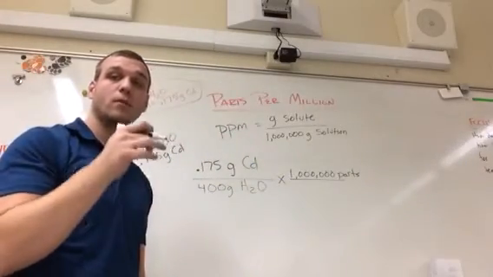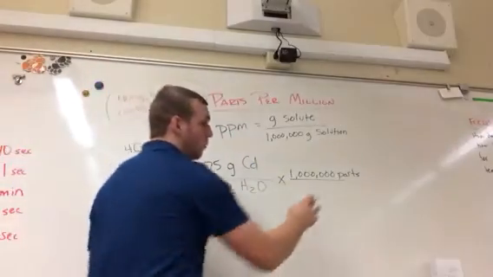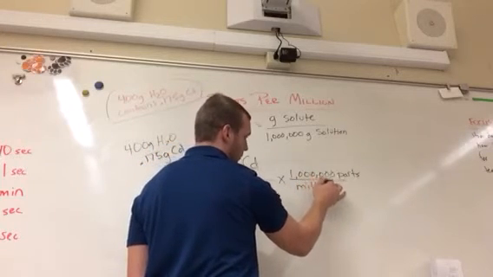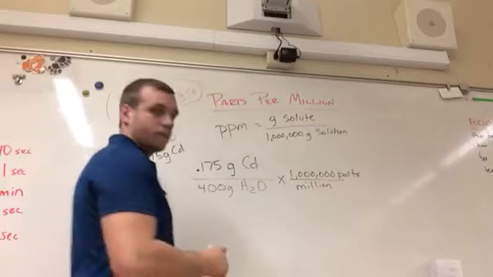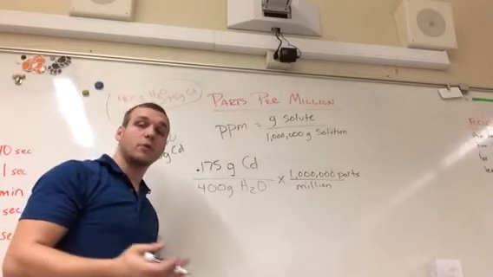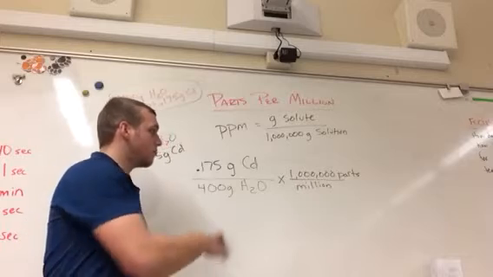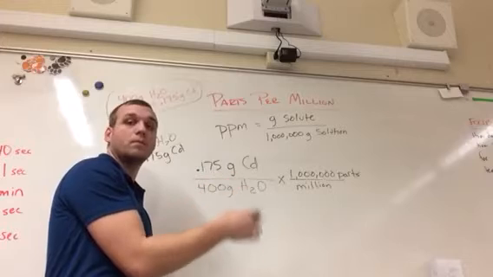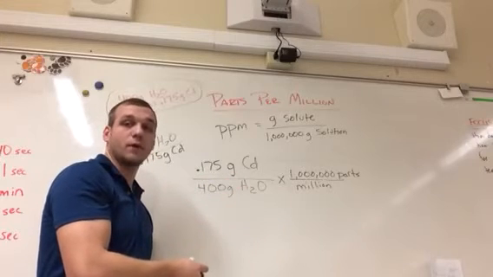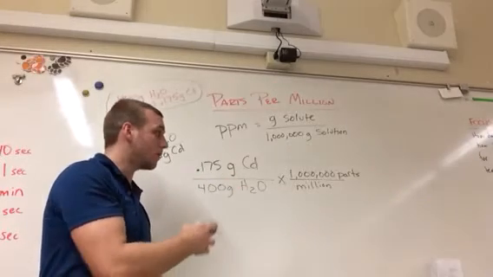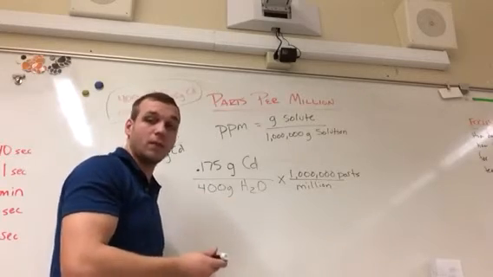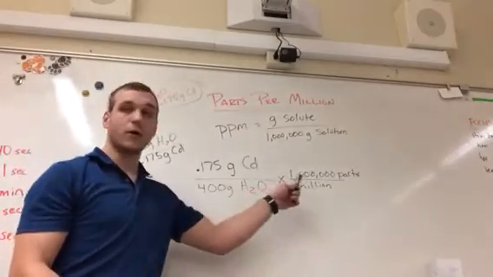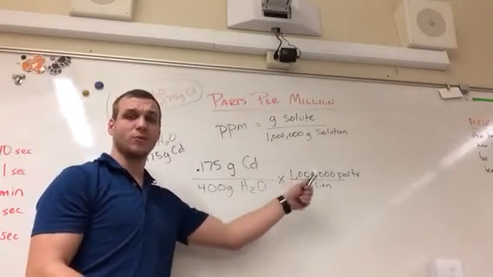Parts per million. And by multiplying, really what you're saying is there's this much cadmium per 1,000,000 grams of this. So let's multiply that. Let's see what we get and see if we can make some sense of that. So that's probably the hardest part, is what do I do with parts per million?